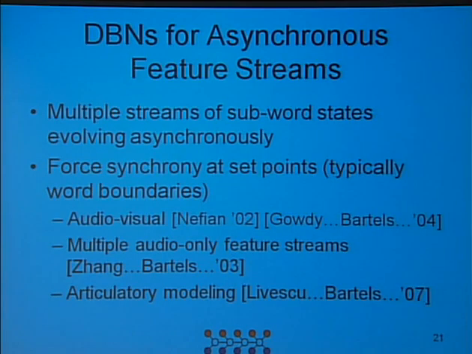And then at the beginnings of the words, these are forced to be synchronous. But since articulators can anticipate audio data, allowing these to be a bit asynchronous showed some improvement. And then there's some other work on audio-only features, and some additional work from our workshop on articulatory modeling where the asynchrony was in human articulators, both for audio and audiovisual.